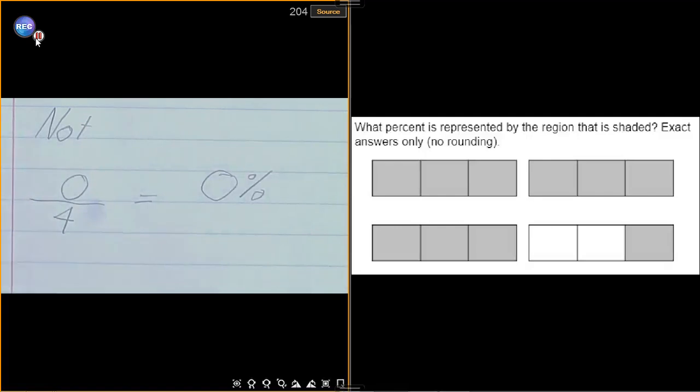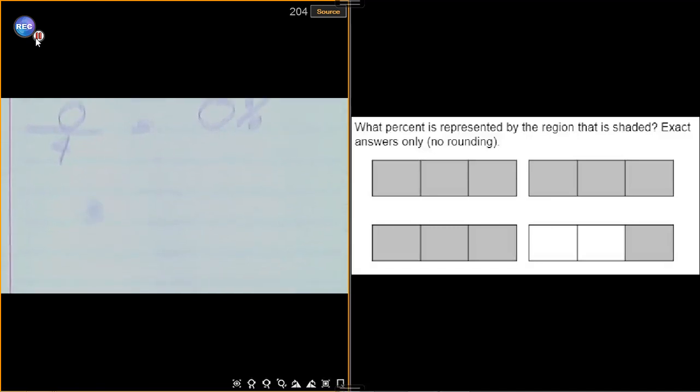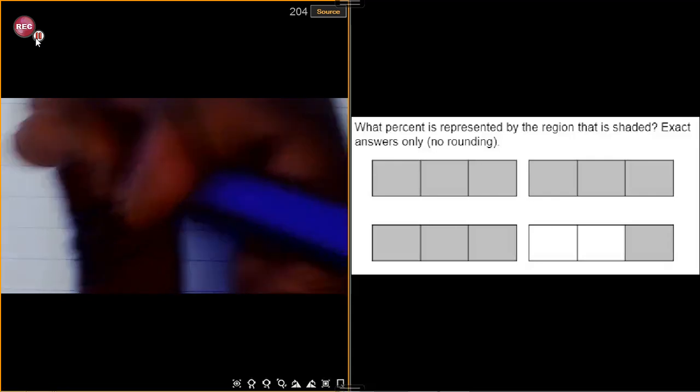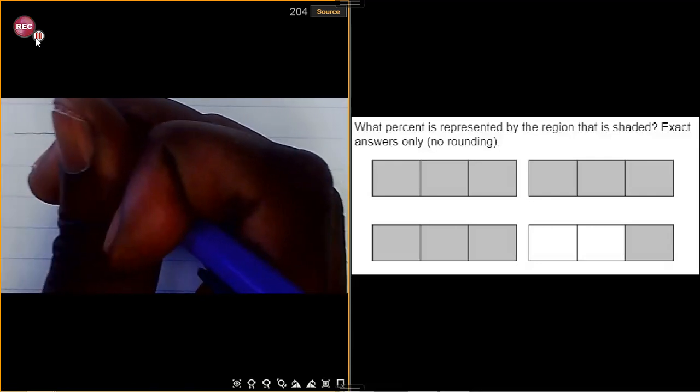Alright, so now this one is asking what percent is represented by the region that is shaded? Exact answers only. Now, if you notice, we have 4 different shapes, and that has 12 parts. So now we have the following.